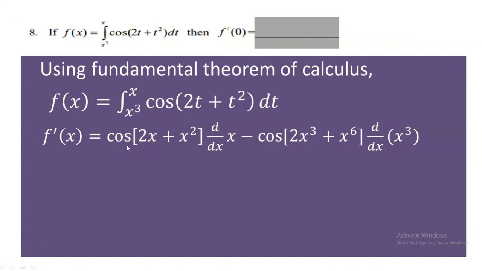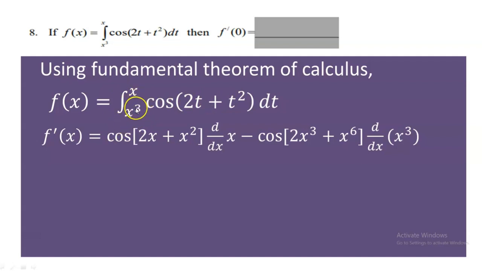But you need to know that we are going to substitute x and x cubed one after the other, taking minus into account, okay? And you need to know also that the chain rule must be used. After substituting x, we need to carry out the derivative with respect to x. And later, after substituting x cubed in place of t, we need to carry out the derivative with respect to x on x cubed.